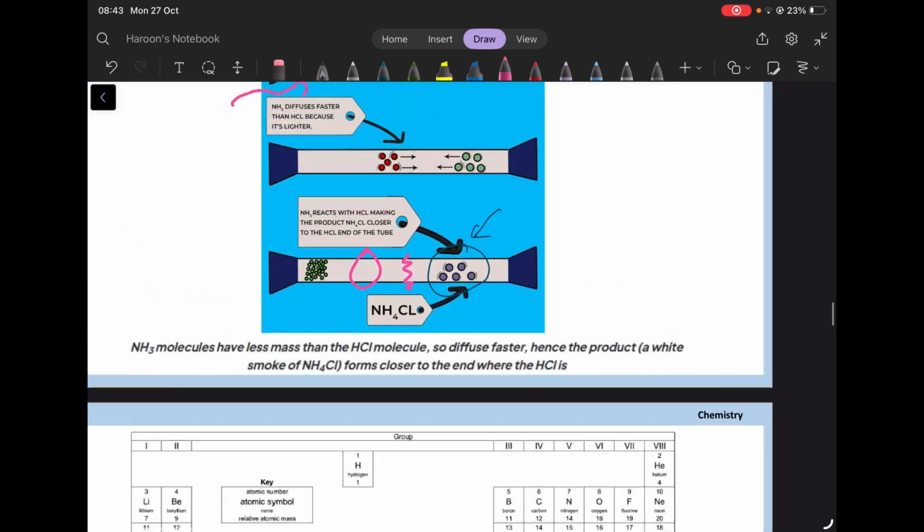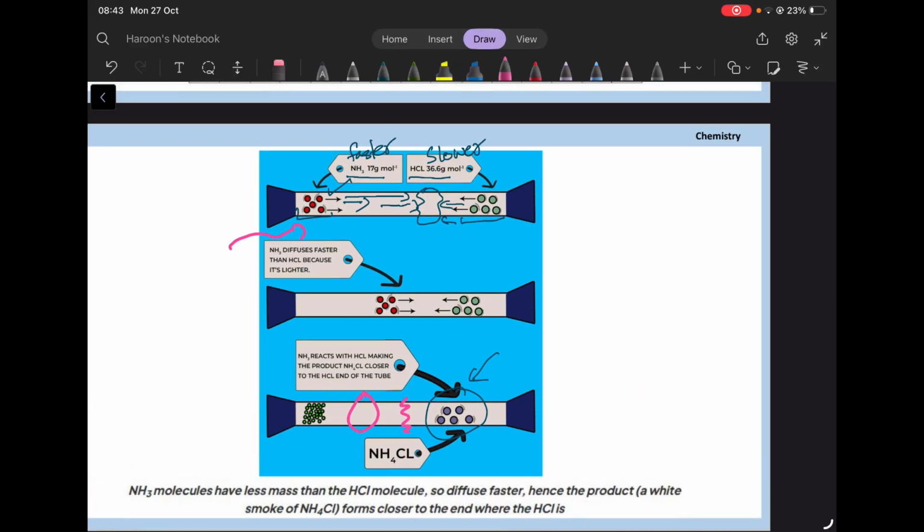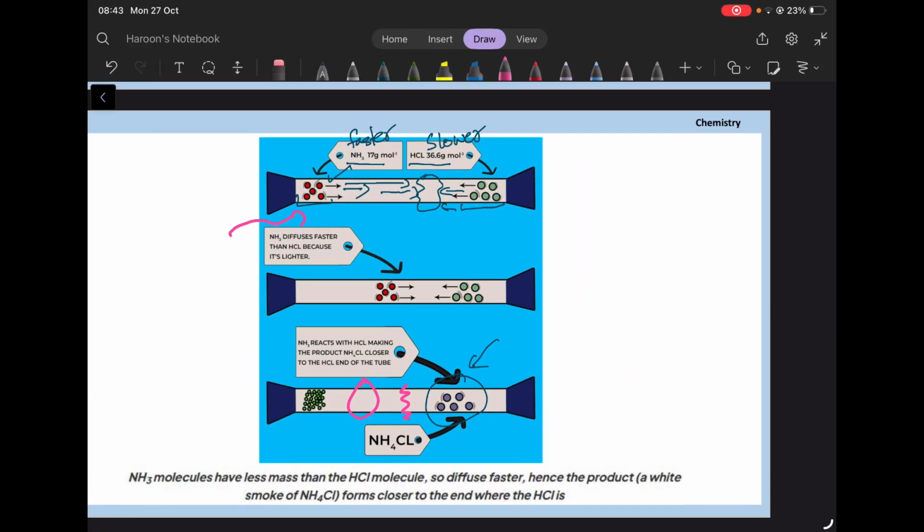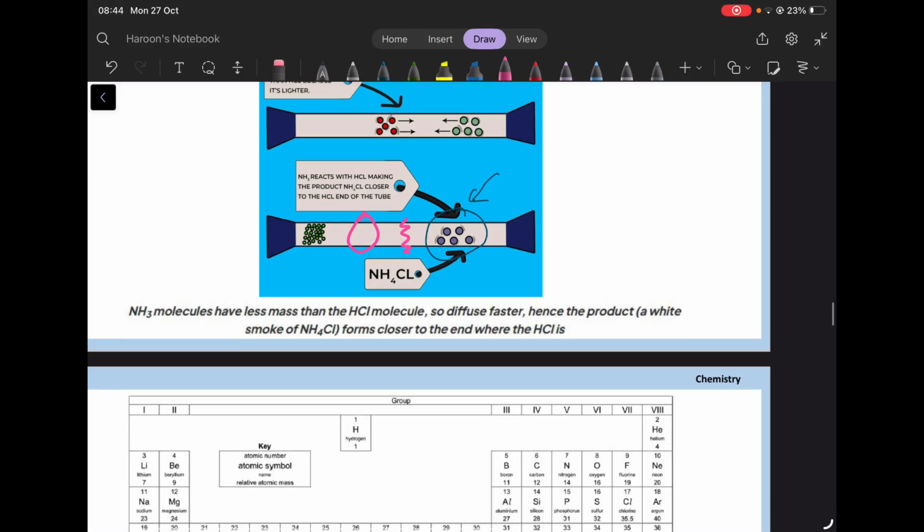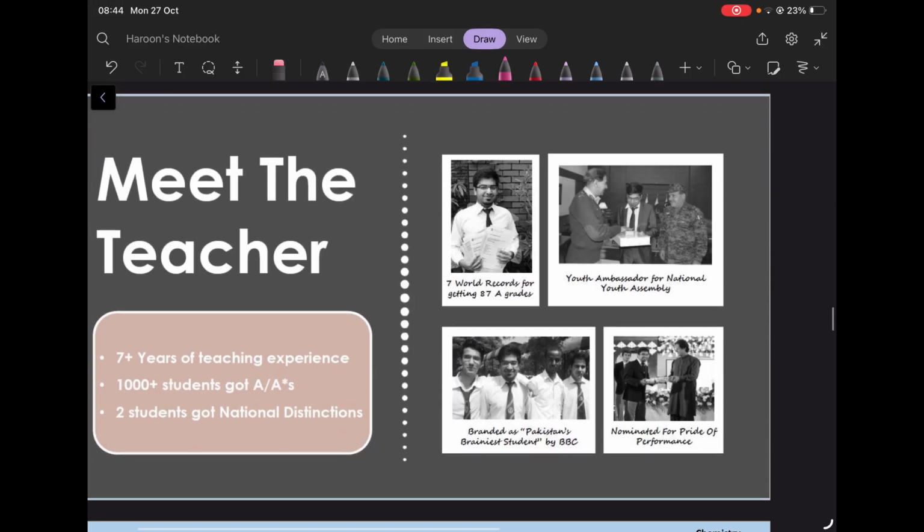Another thing that affects diffusion, as I told you guys, was temperature as well. When you have greater temperature, the particles move faster, and diffusion is actually related to movement of particles. So if you have higher temperature, the diffusion rate would also be faster because the particles would be moving faster.